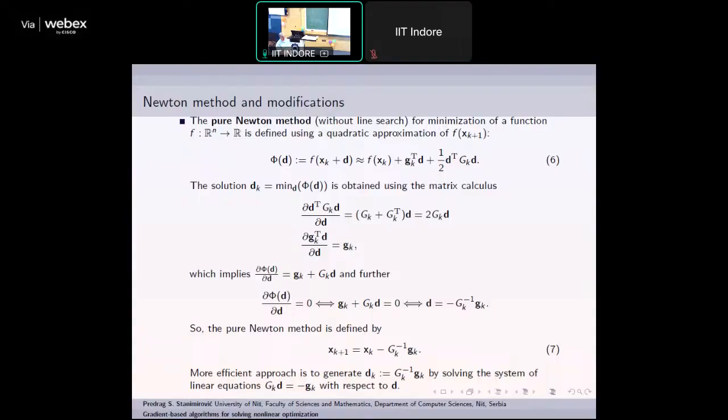What is the main disadvantage of Newton method? Inversion of the Hessian. Yes, the inverse matrix of Hessian.